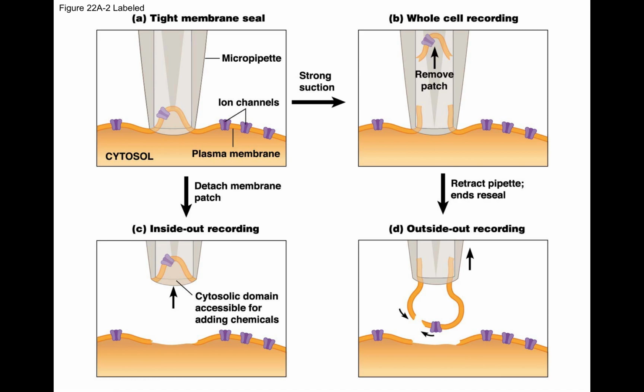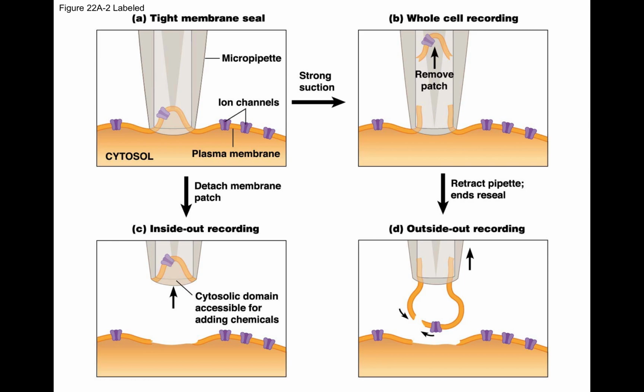So why would you want to do that in different situations? You don't know necessarily what you've got when you do the patch, because these channels don't come with labels, but you can apply certain drugs to the patch that are specific for, say, potassium channels or sodium channels or calcium channels, and by the behavior of that channel in the patch you can figure out what's happening.